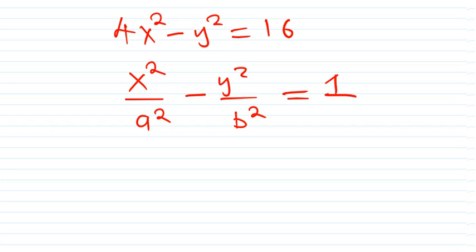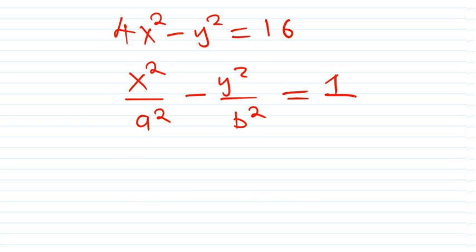Now if we analyze this equation, I like thinking of it this way: whenever you move in the ascending order of both x and y and then a and b, this is the horizontal transverse axis. This is the normal way. And then if you swap and start with y squared, then what you're expecting is a vertical transverse axis, right?